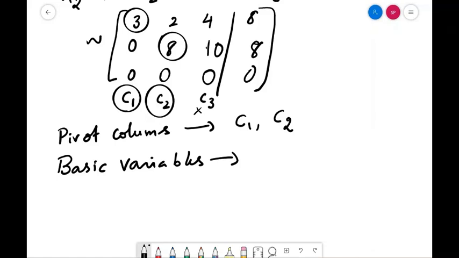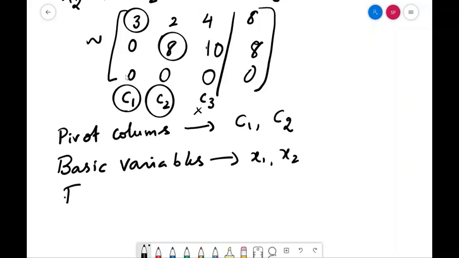Since C1 and C2 are pivot columns, I will say the variables x1, x2 are basic variables. Whatever the column is a pivot column, the variable corresponding to that column we call a basic variable. Then what about the column C3 and its related variable x3?